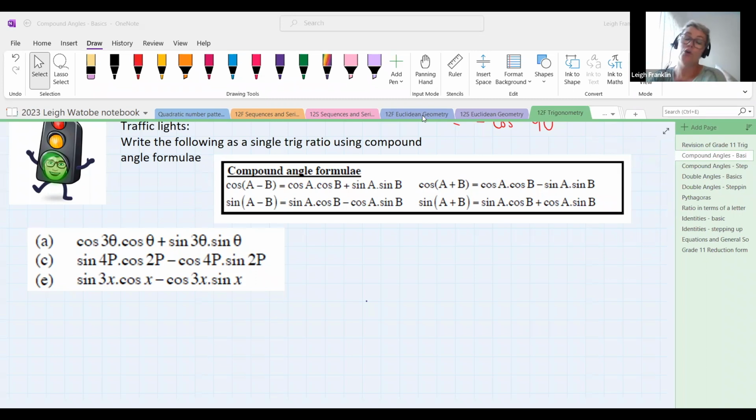No, you would end up working with the double angle as well, absolutely. But at the moment we're not doing questions that are that complicated just yet. You would end up having to work with a double angle and manipulate it in some way in order to get to an answer. Okay, no problem.